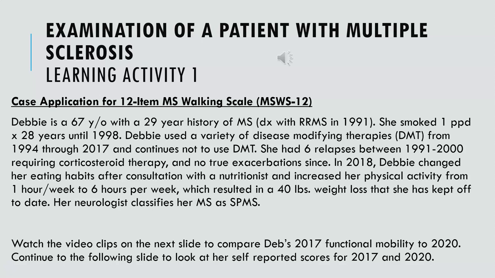Prior to that, she was exercising about 1 hour a week compared to the 6 hours a week that she was completing afterwards. And this resulted in her losing 40 pounds over the course of about 10 months that she's currently kept off to date. Her neurologist does classify her as having secondary progressive MS, which is pretty common given how long she's had MS.